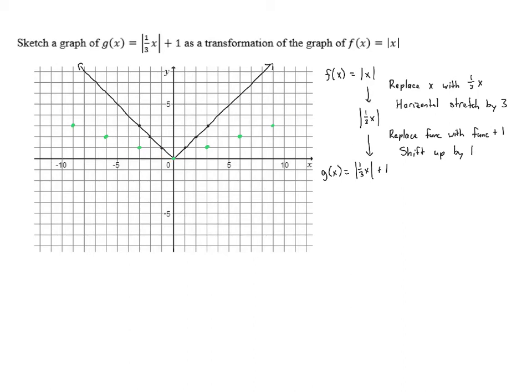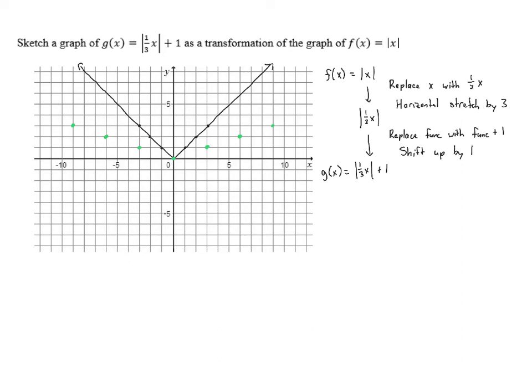We've got a horizontal stretch by a factor of 3. Some of you might even notice this looks kind of like a vertical shrink. It looks like we've taken this and pushed it down. We could also think of this as a vertical shrink by taking this 1/3 and pulling it outside of the absolute value, which is something that we could do.